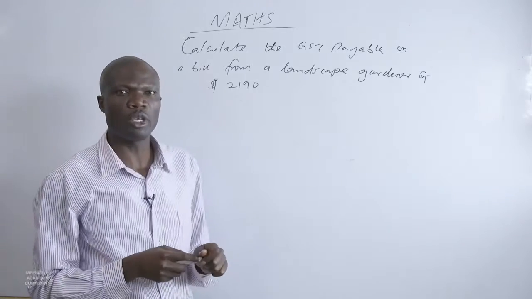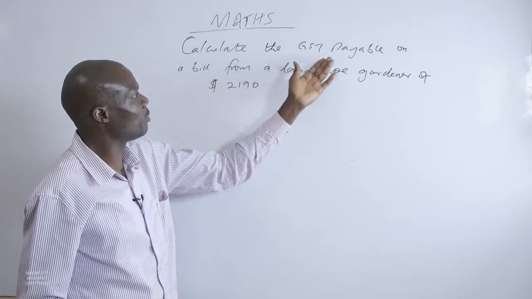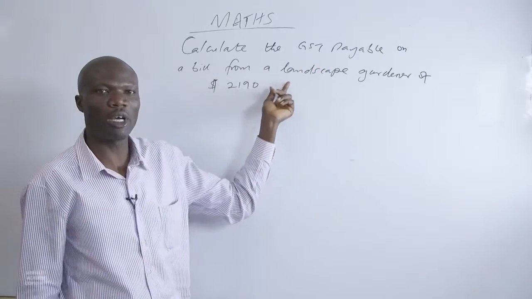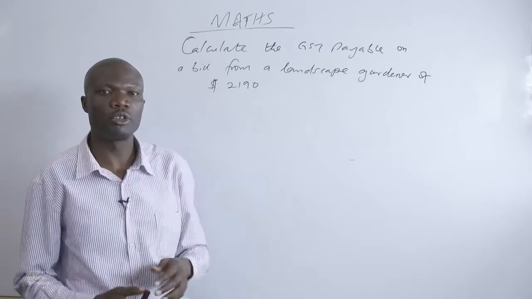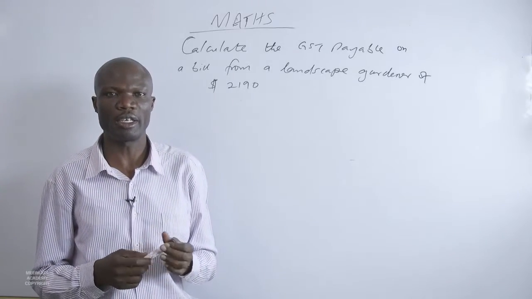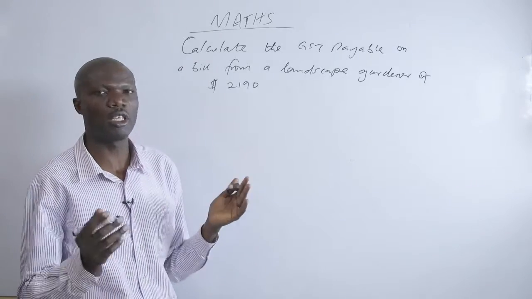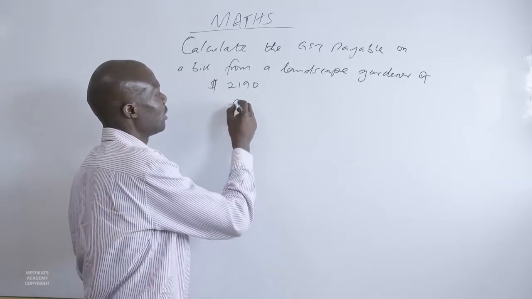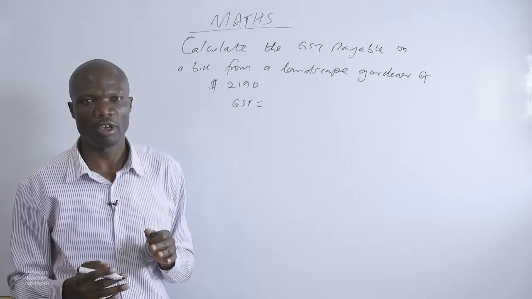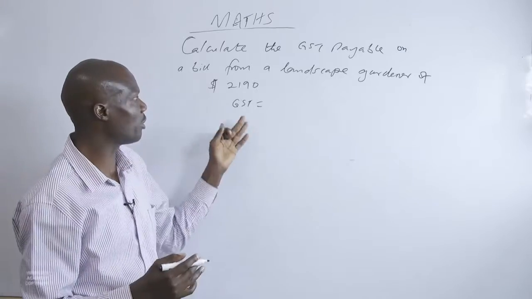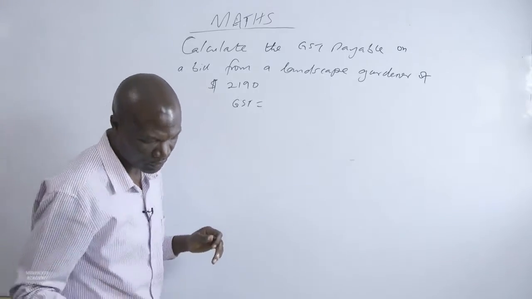So we want to calculate the GST payable on a bill from a landscape gardener of $2,190. Just as we have seen, the method remains: GST is equal to 10% of the cost, and this time the cost of this labor is $2,190.